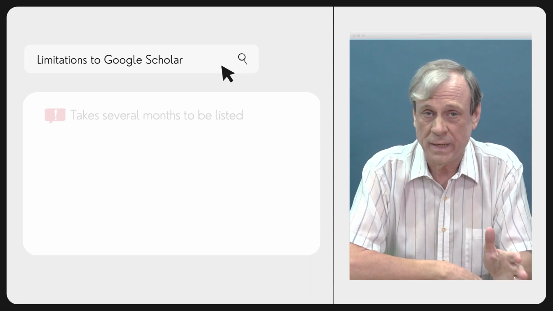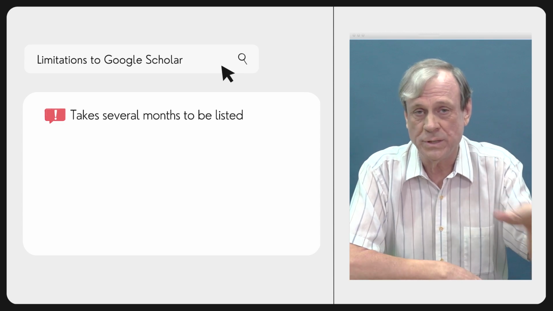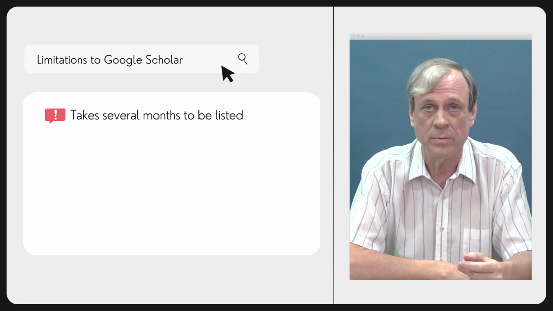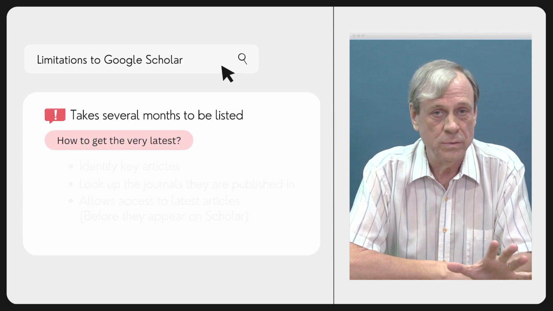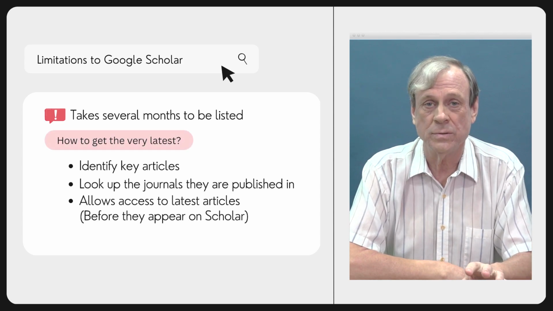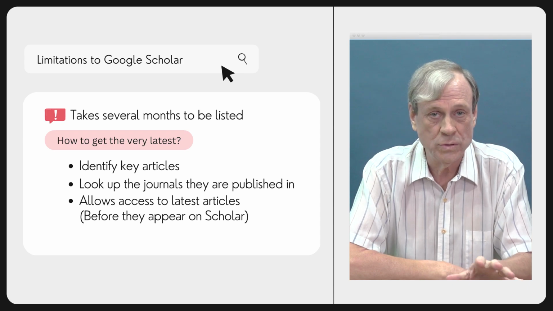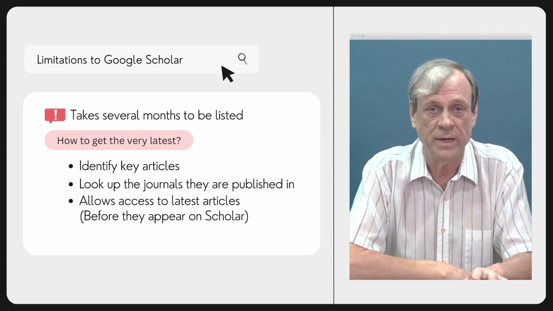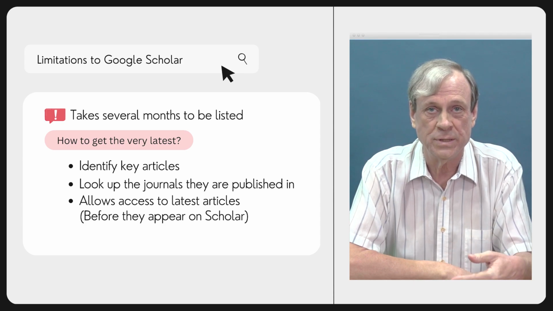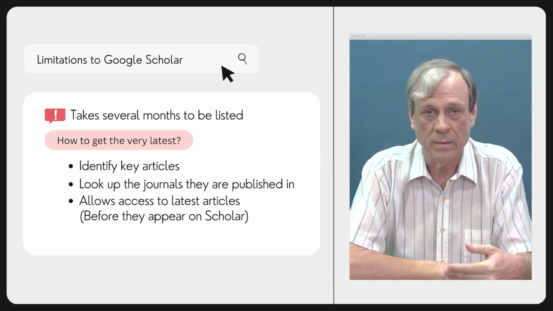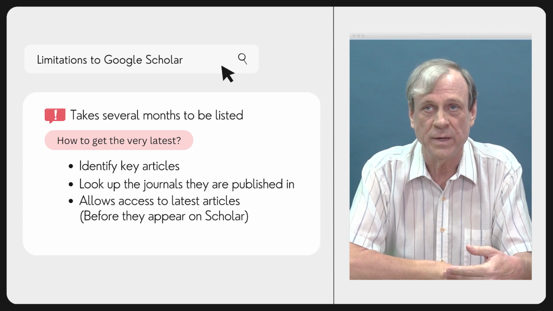One problem is it takes several months for the search engine to find these newly published articles. So to get the very latest articles, you have to identify key journals in your field that are most likely to publish relevant information. If you look at those journals as they're published each month, you'll be able to get the most recent information.